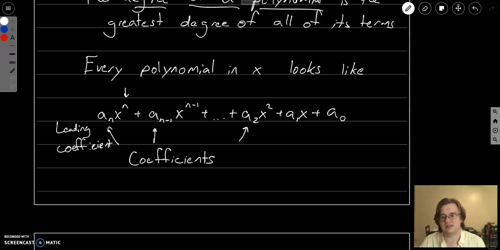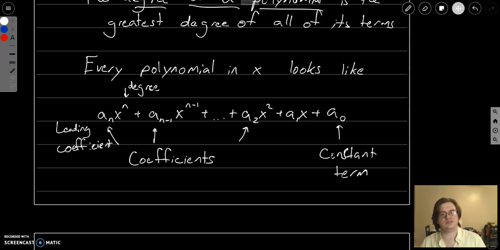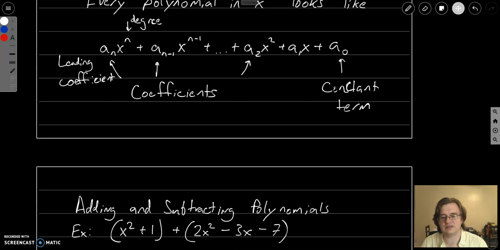So this is the degree of the polynomial. And the very last term here with no x, or in fact x to the 0th power, this is called the constant term. Okay, so this is just breaking apart a polynomial and looking at its individual pieces.